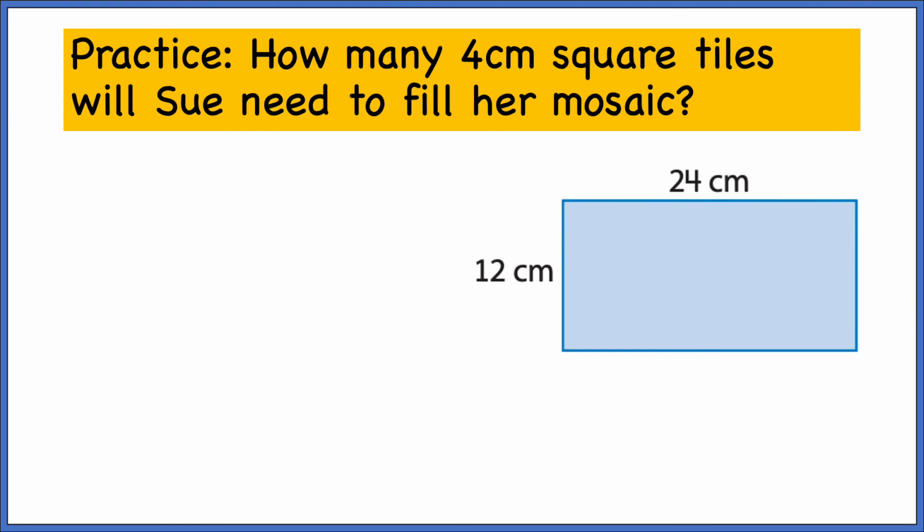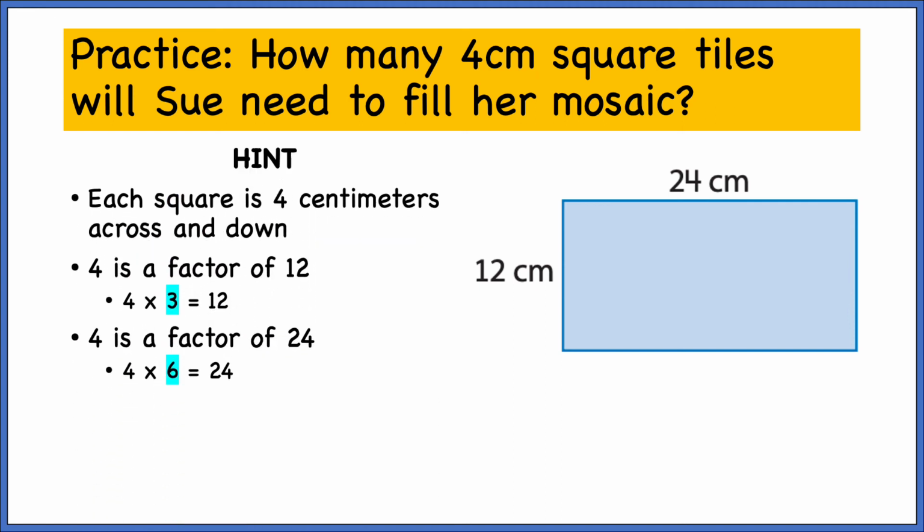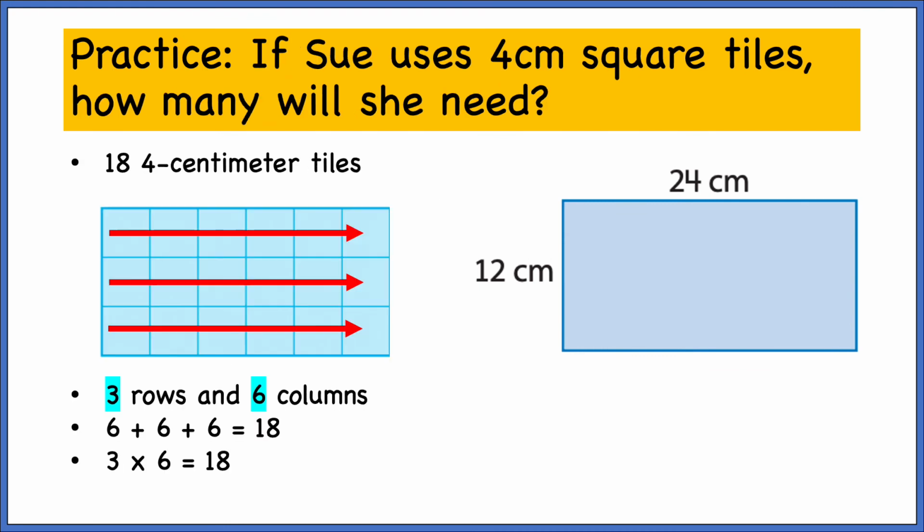What if she uses 4 centimeter square tiles? How many will she need to fill her mosaic? Here's your hint. Each square is 4 centimeters across and down. 4 is a factor of 12. 4 times 3 equals 12. 4 is also a factor of 24. 4 times 6 equals 24. Sue will use 18 4 centimeter tiles.